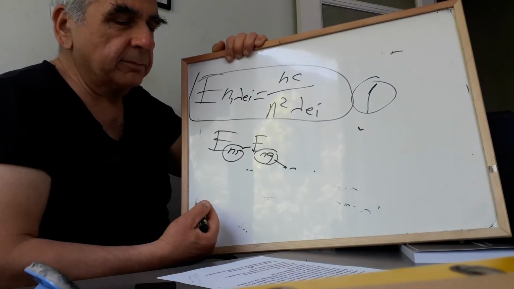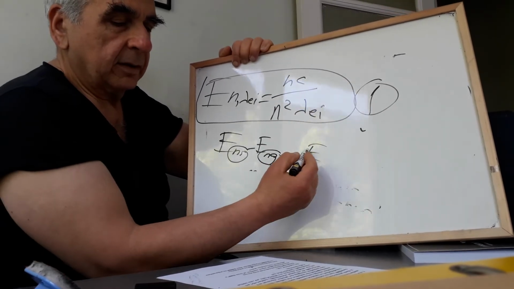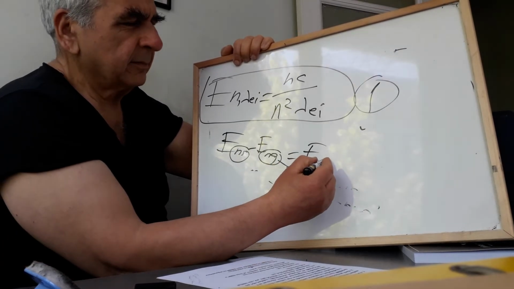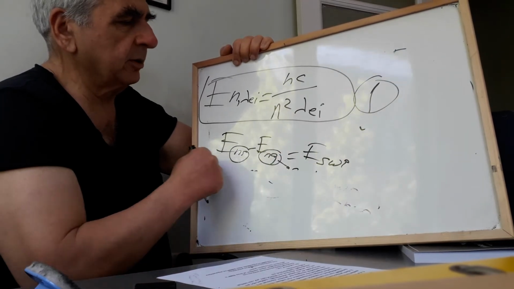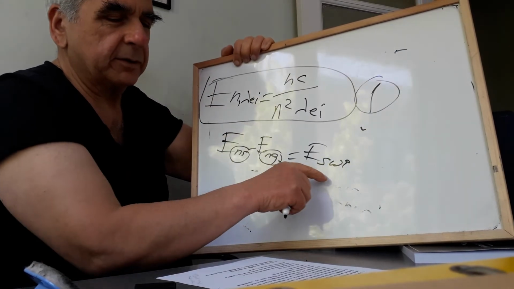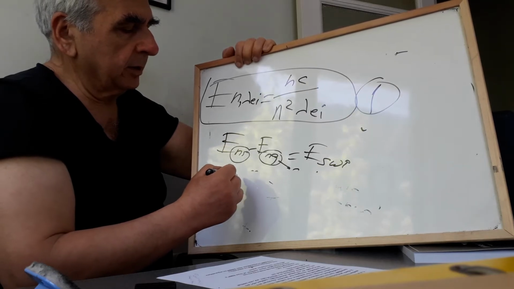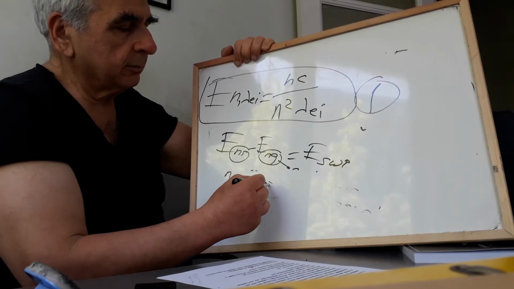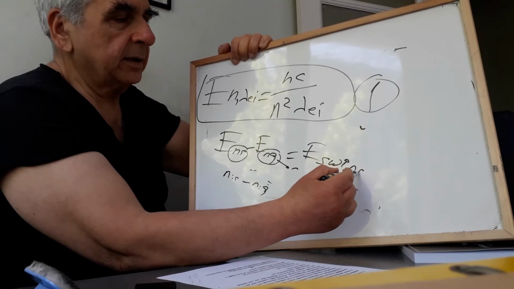Equal to E, single wave pulse energy between n equal smaller and n equal greater. Okay. NS and G.